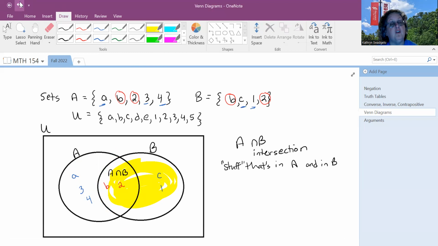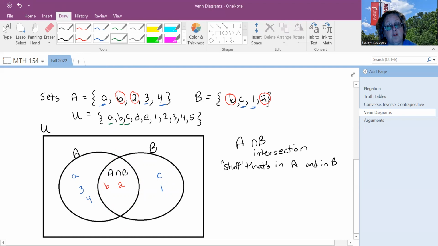Okay, now when I look down here to the universe, what is the stuff that's not in A or B? Well, A was in set A, B was in both of them, C was in B, but I don't see D or E. So D or E are down here in the universe, but they're not in set A or B. 1 I see is in set B, 2 I see is in both of them, 3 is in A, 4 is in A, but I don't see 5.